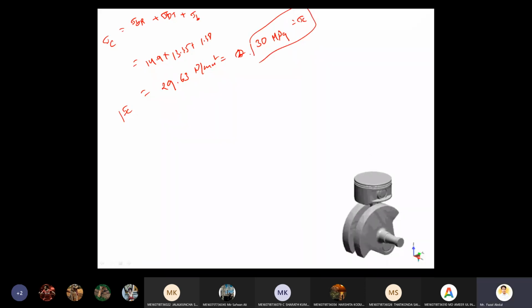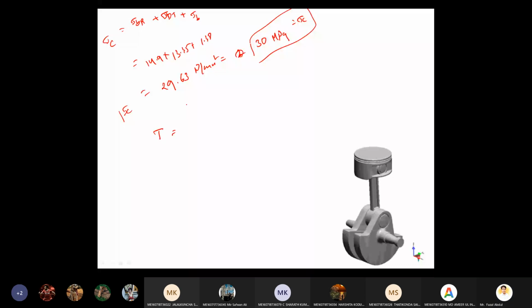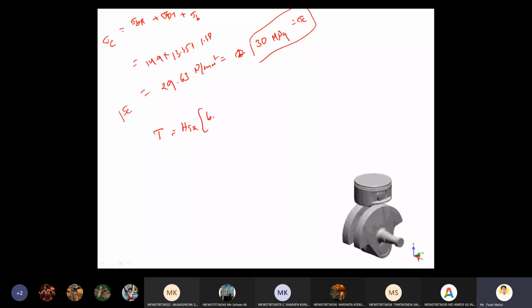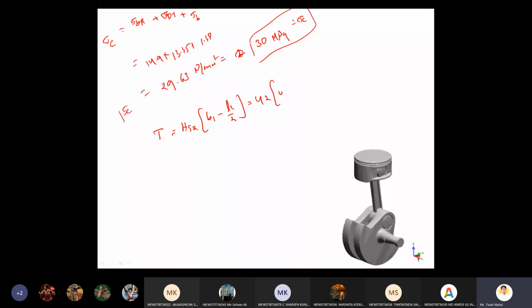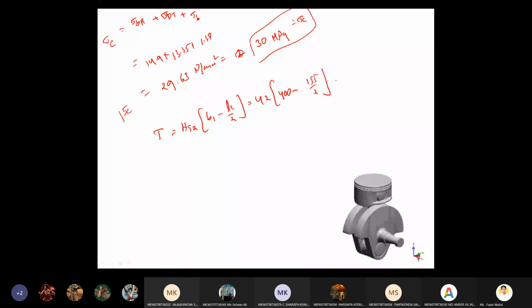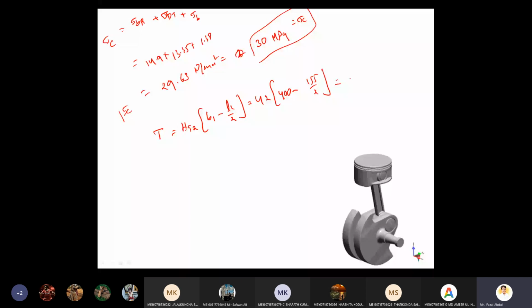Okay, and now the twisting moment on the crank arm is HT2 (B1 minus LC by 2), that is 42 into 400 minus 155 by 2. Tell me how much this value is. 13.545 into 10 to the power of 6 Newton mm.